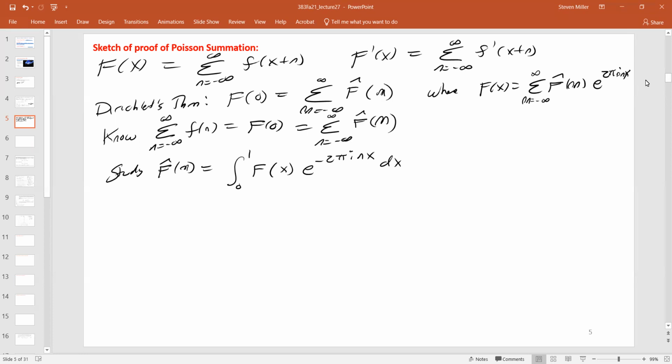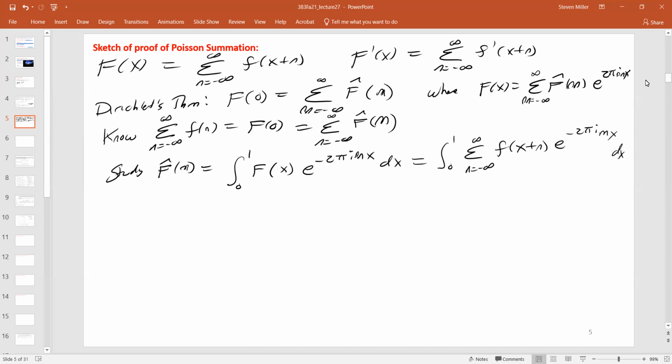But this way I'm using exactly what's in the book. And so this is then going to be the integral from 0 to 1, the sum, n goes from minus infinity to infinity, of f of x plus n e to the negative 2 pi i m x dx, right?